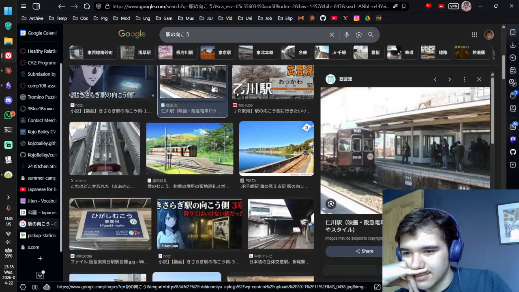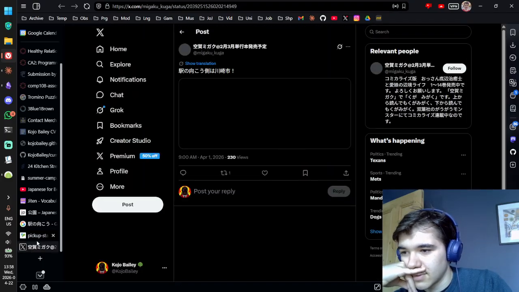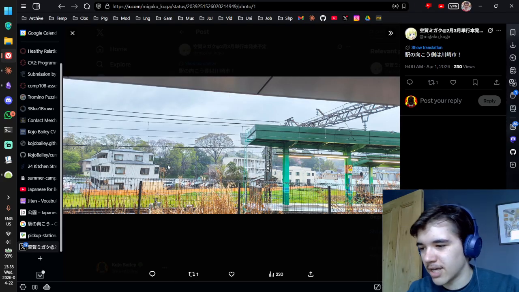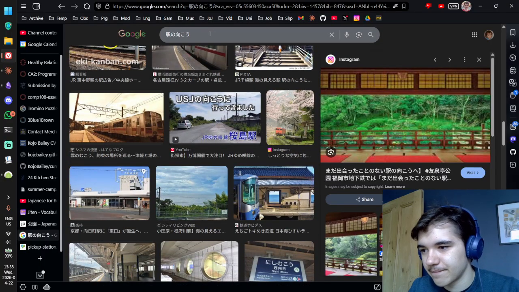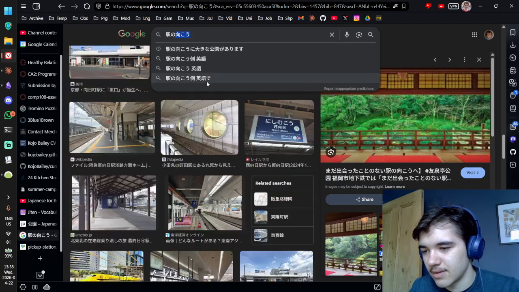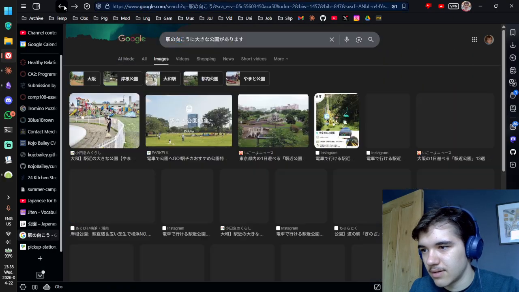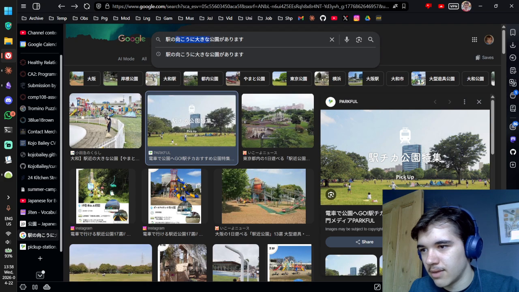Is that anime? I can't tell. Okay, that's like a car park. Mm, 駅の公園.